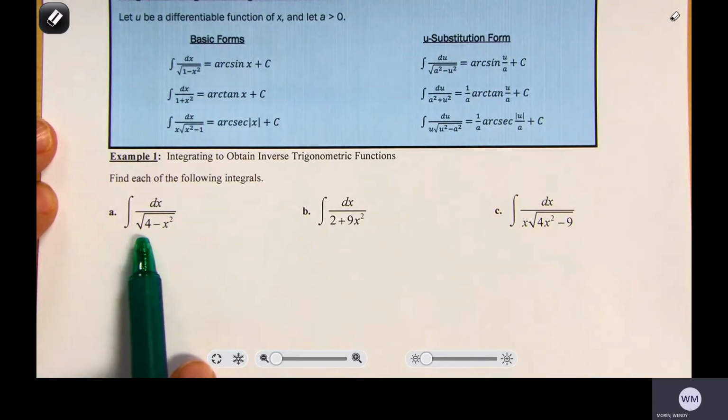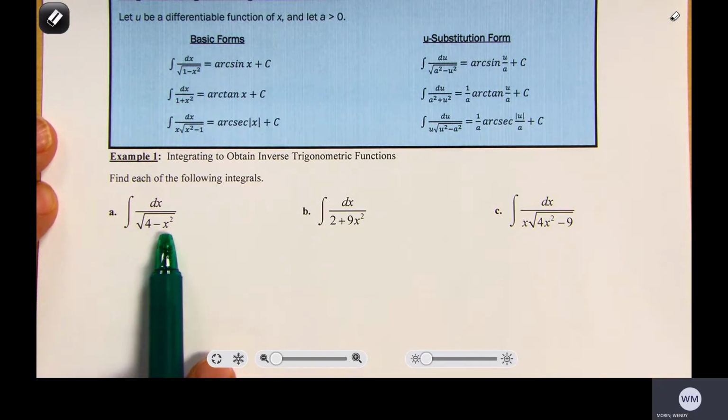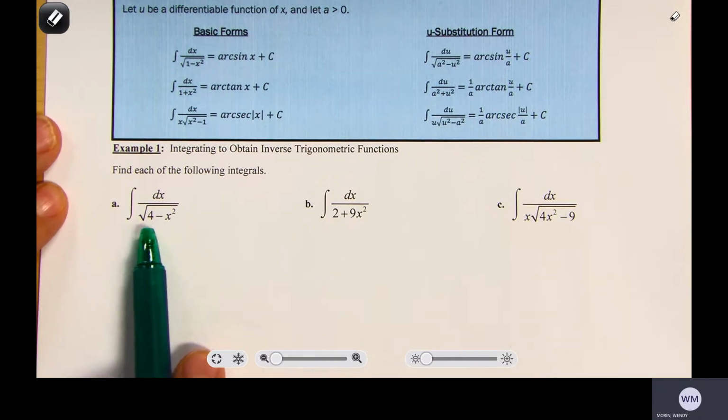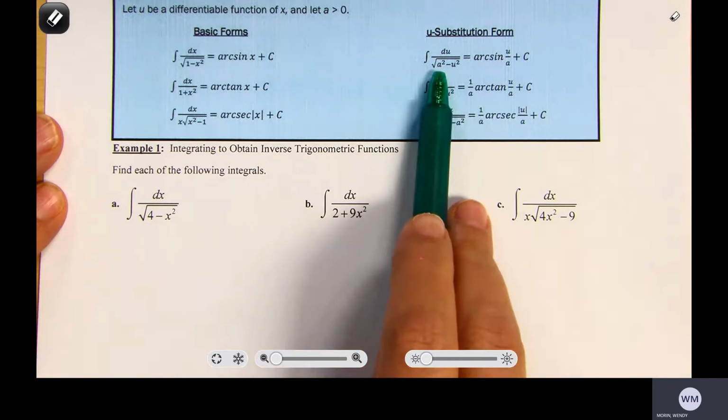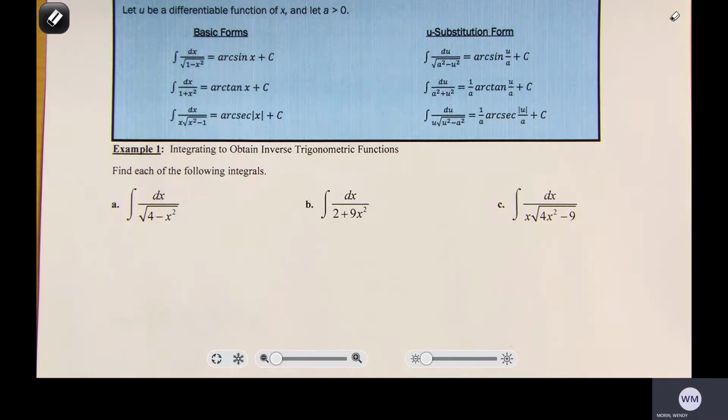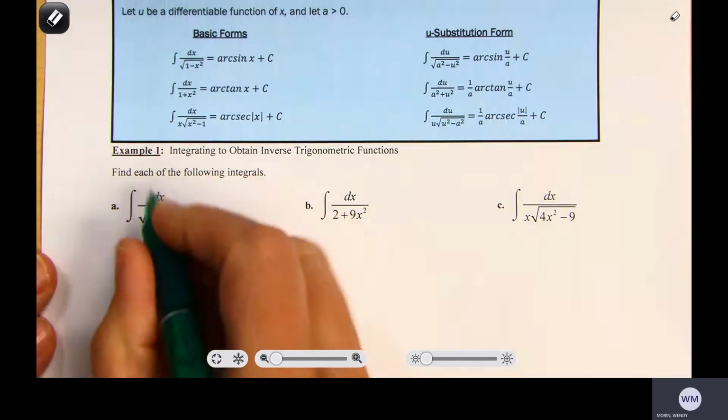Okay, so let's take a look at the first one. This is the square root of a number squared minus x squared. A number minus a function squared. So that is a squared minus u squared. That's what you need to identify first.